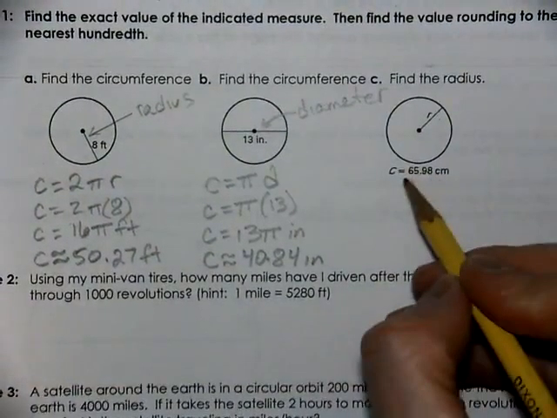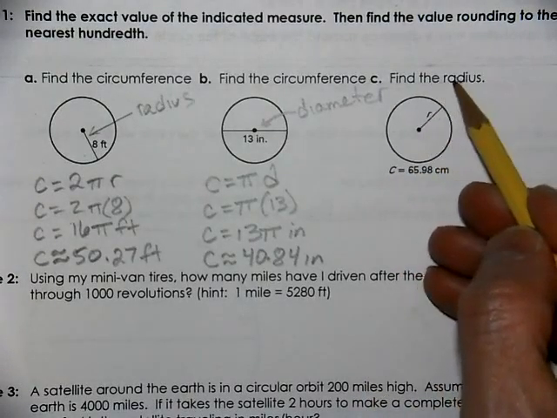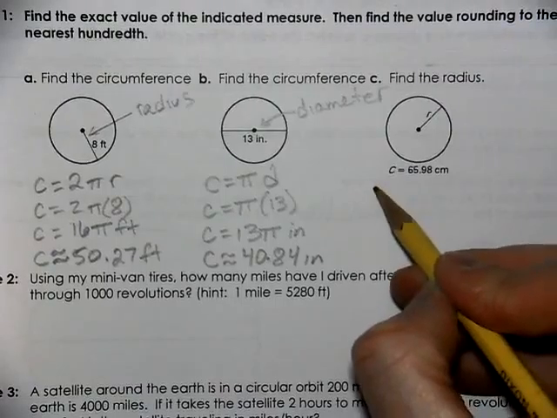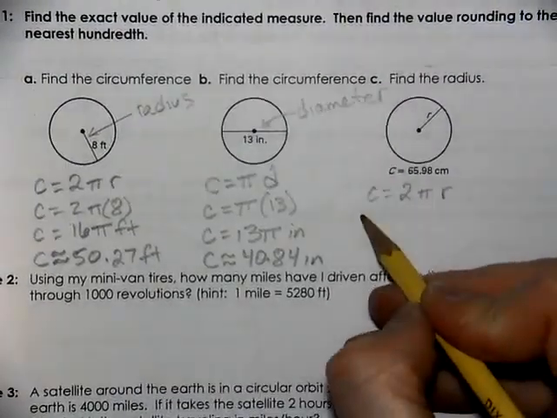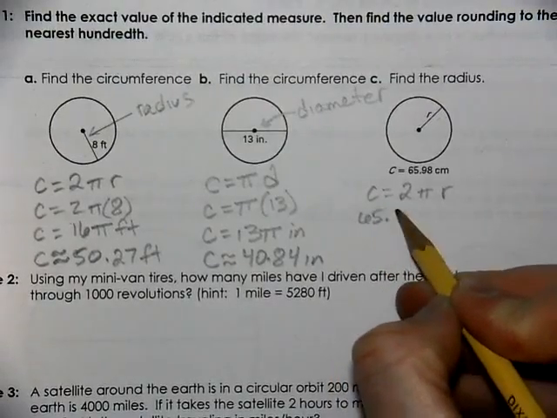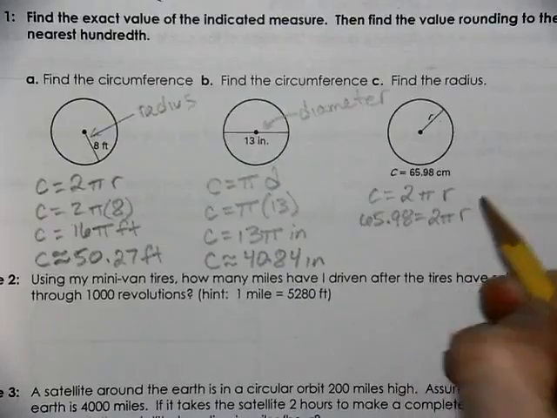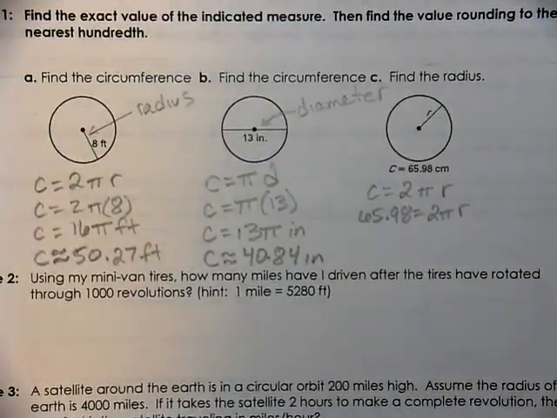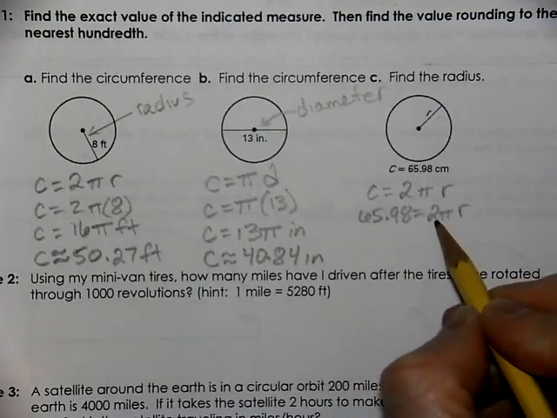For this last one, recognize that they give us the actual circumference and they want us to figure out the radius. So again, we're going to use the formula that deals with radius. We'll put in 65.98 to equal 2 pi r. We don't know what r is. That's what we're trying to calculate. We can either divide them individually.